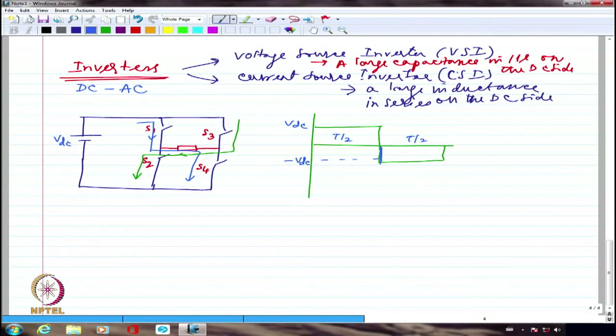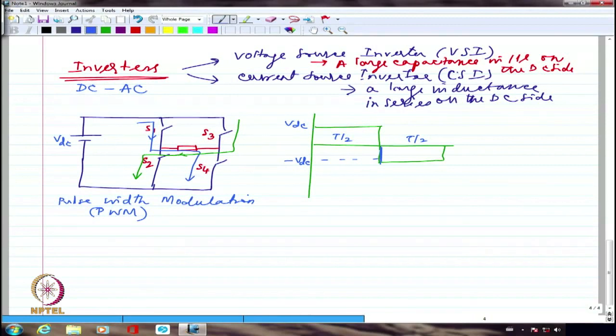That is why we have several control techniques called pulse width modulation, which is PWM. So we will use a lot of pulse width modulation control.